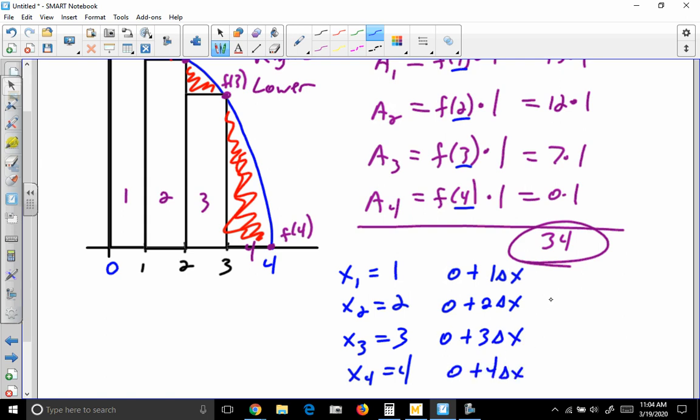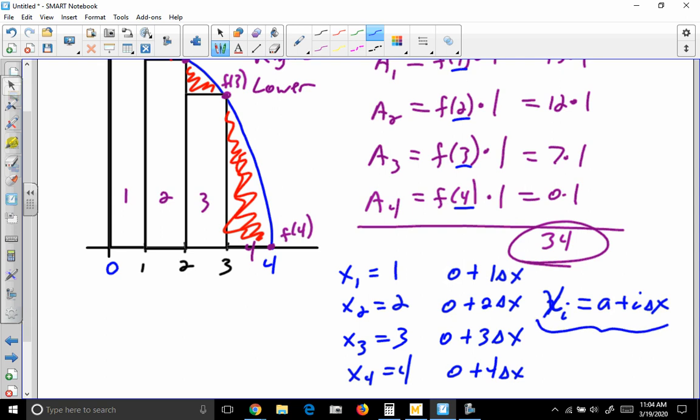So generically, sometimes they'll use a capital X here. We start at the left side, a, and this time the number of delta x's and the subscript match. So i times delta x. Notice that formula is a little simpler.